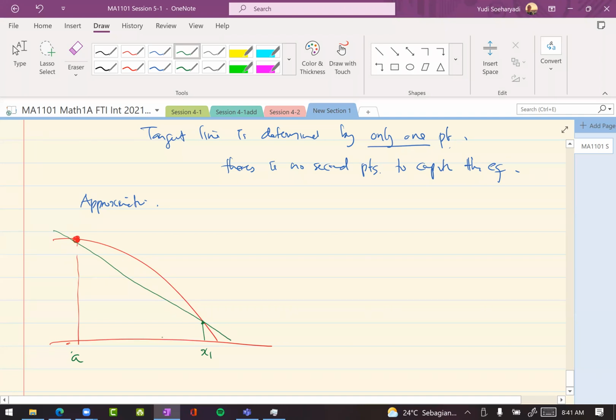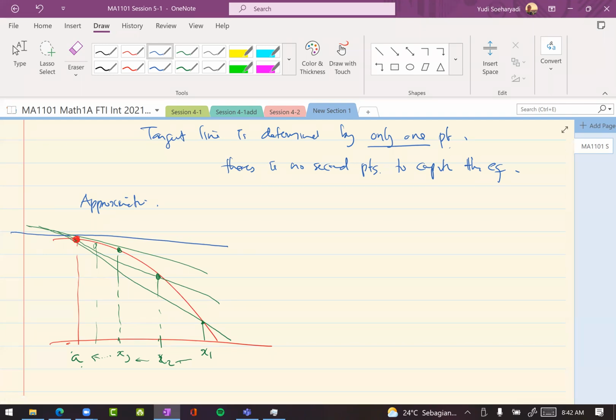Let's move to x2 here, and take the equation of the line between these. And let's move again to x3, and then keep going closer to this. You get something getting close to this line.